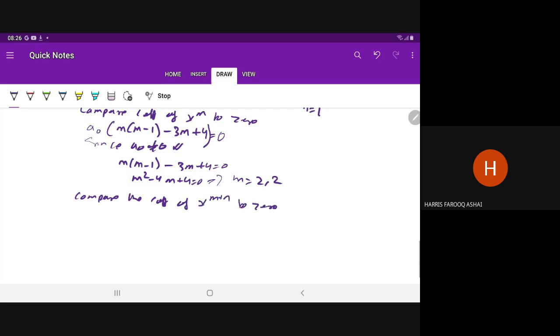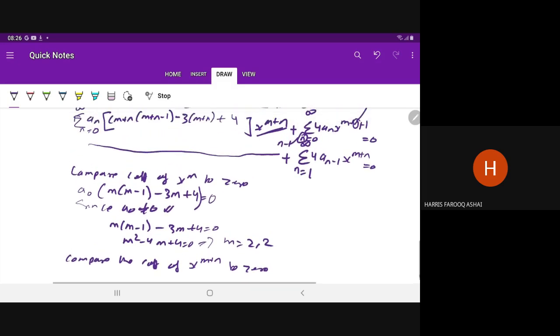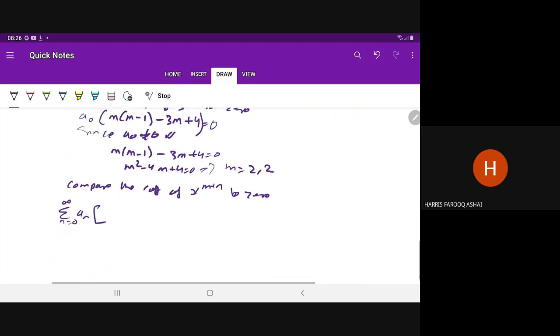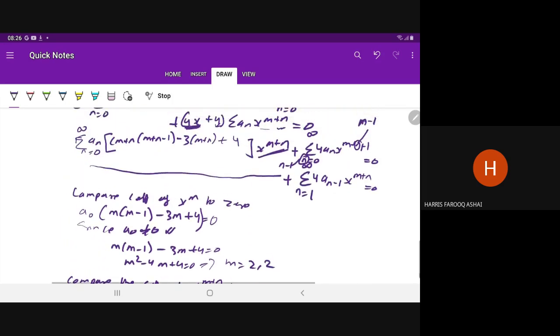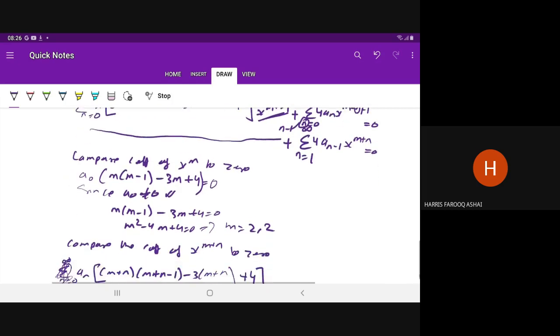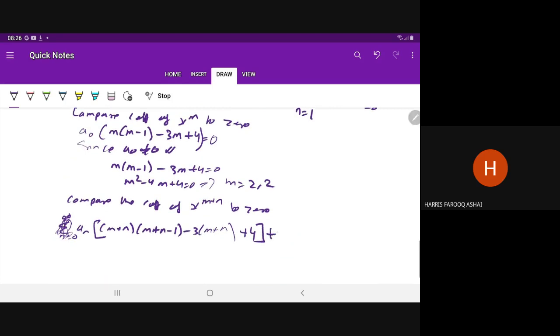From here you will get summation n is equal to 0 to infinity a_n into (m plus n)(m plus n minus 1) minus 3(m plus n) plus 4, and from the second summation we have plus 4 a_(n minus 1) is equal to 0. That will be the coefficient of x to the power m plus n.